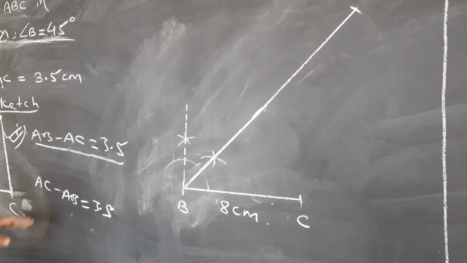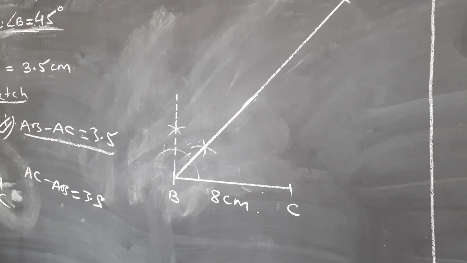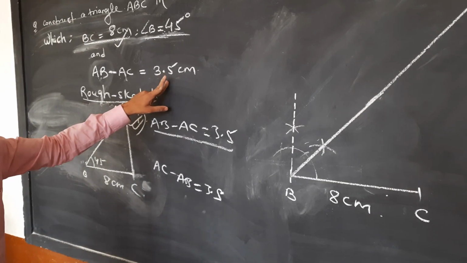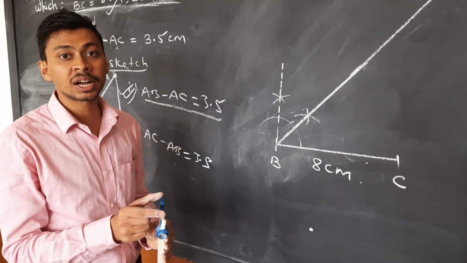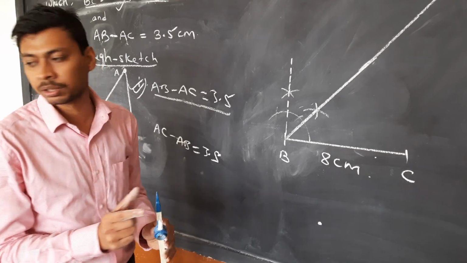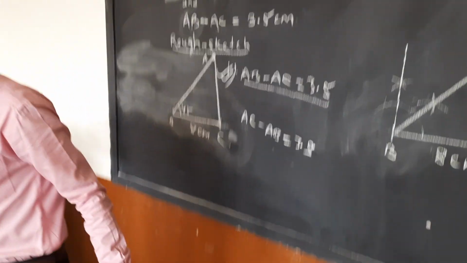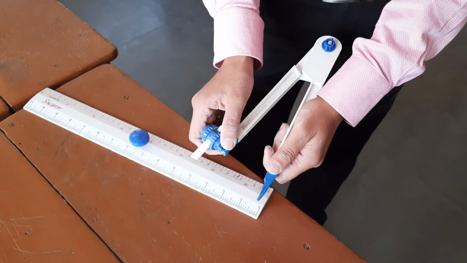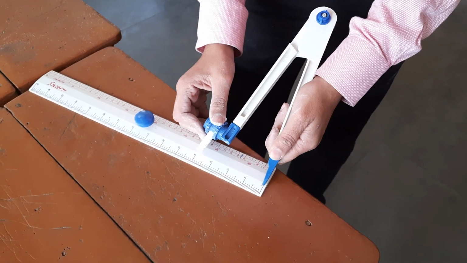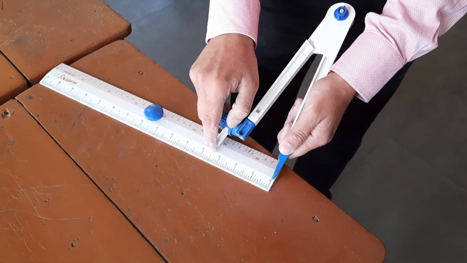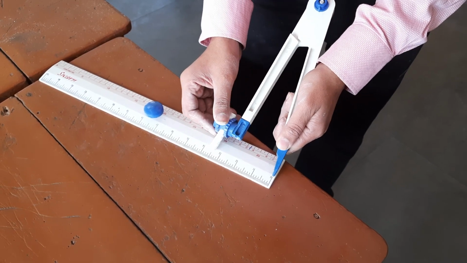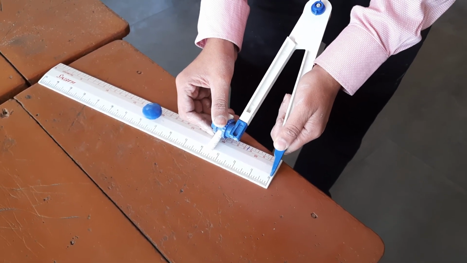Now AB minus AC is 3.5. So what you have to do? In this compass, you have to take the radius equal to 3.5. So here you keep the 0 mark, and here it is 3. This is 3.5 between 3 and 4. So here it is 3.5.